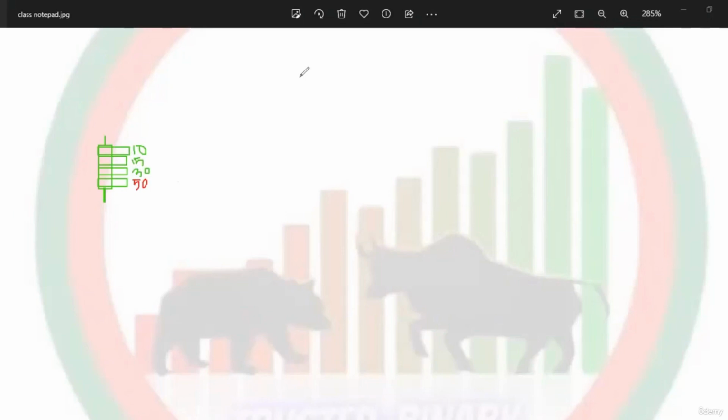Now another candlestick here, this one. In this candlestick the volume data is like 60, 90, here 50.